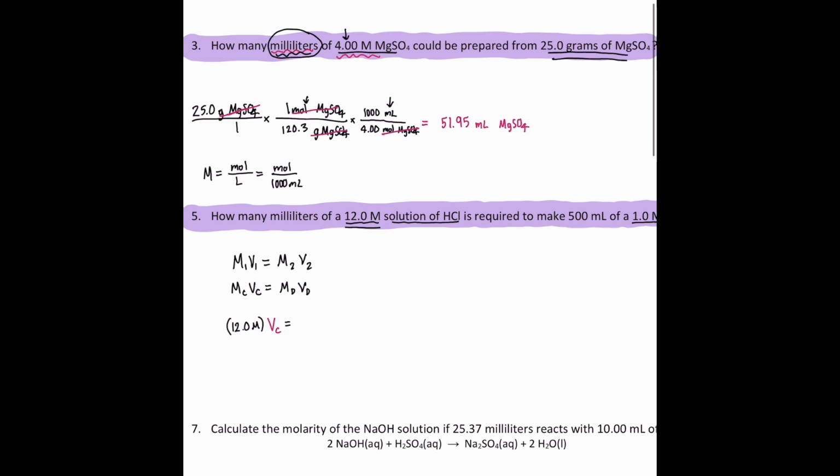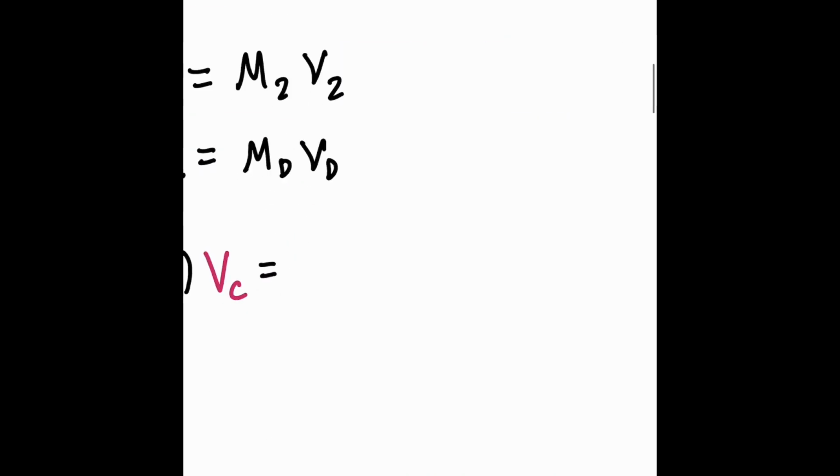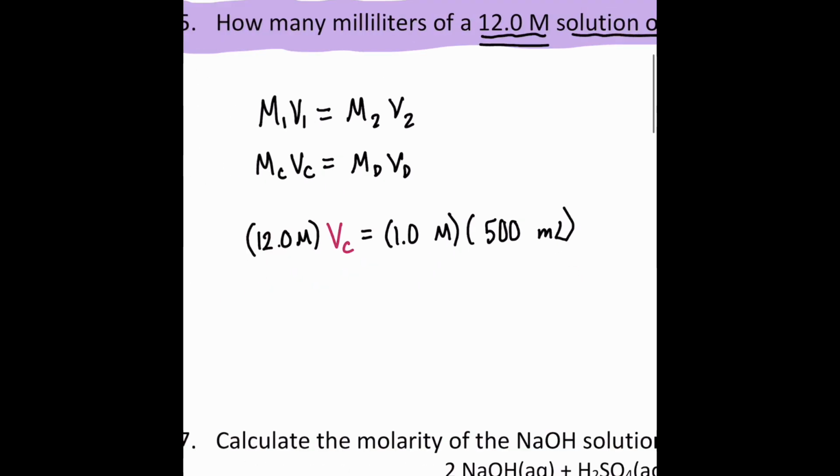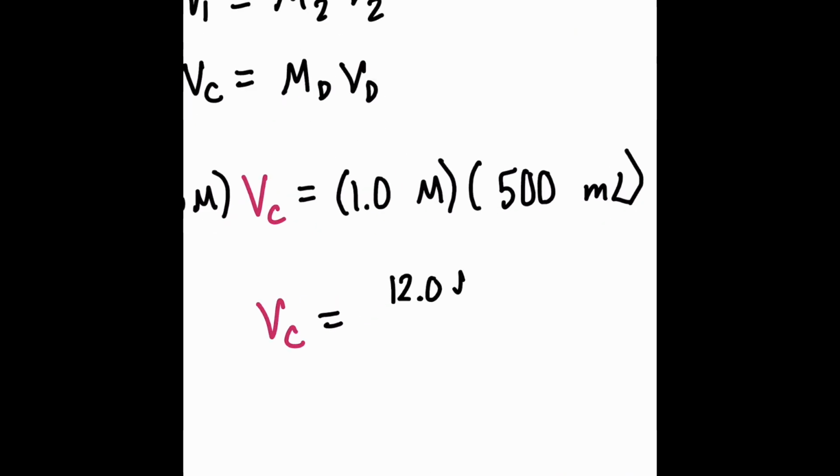It is equal to, and we know it's 500 milliliters as our final volume with 1 molar. So we plug those values in here, 1.0 molar and 500 milliliters. We rearrange to solve for our VC. Pardon me, we actually rearrange it this way.